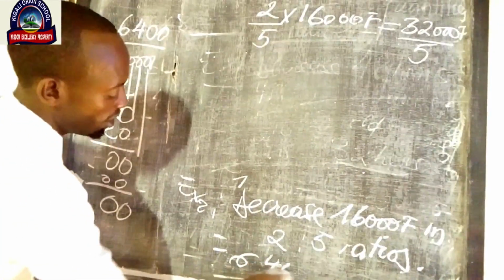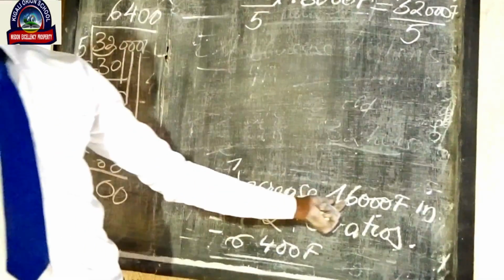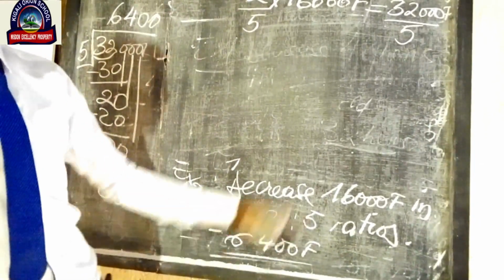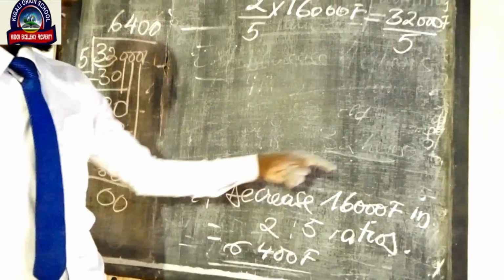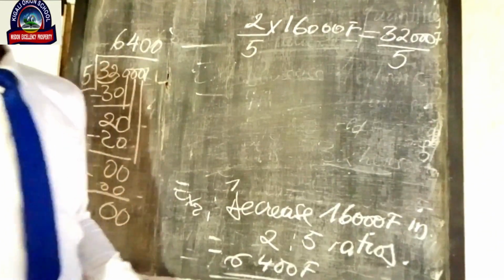6,400 francs. By observing the first one, we have 16,000. Now we have 6,400. So you see that there is what we call a reduction amount, where there is a decreasing process.